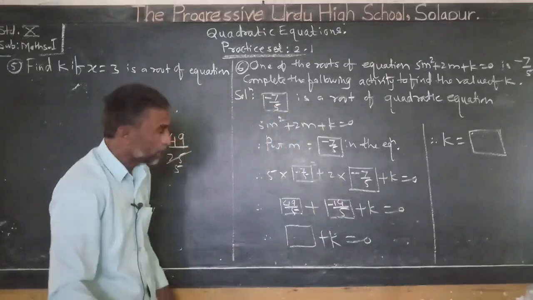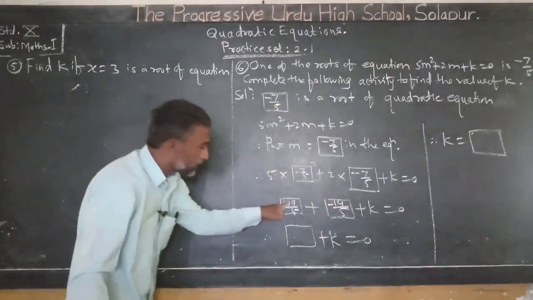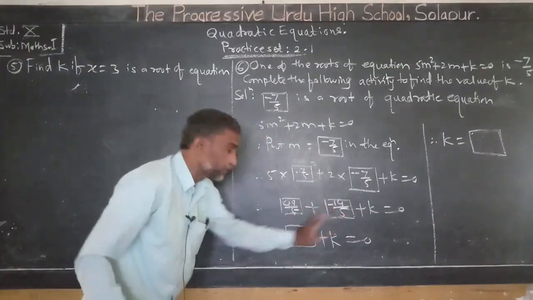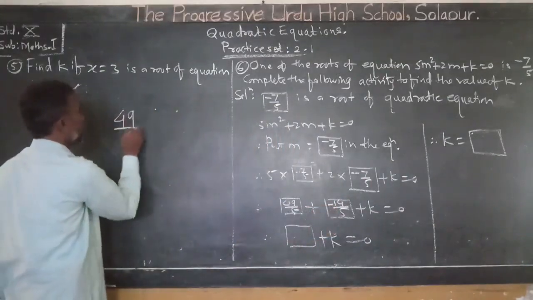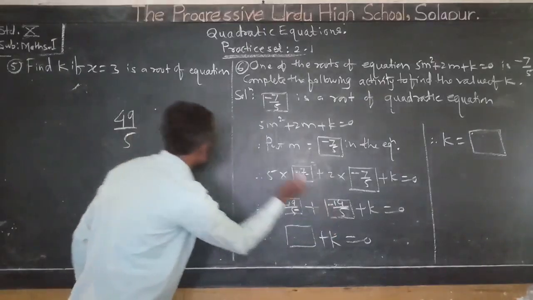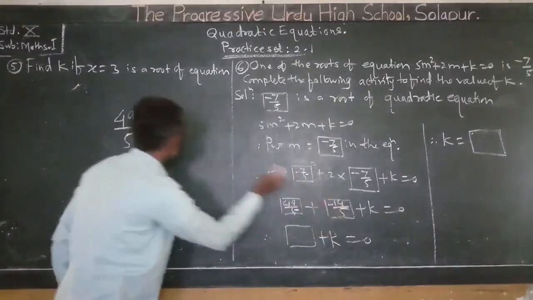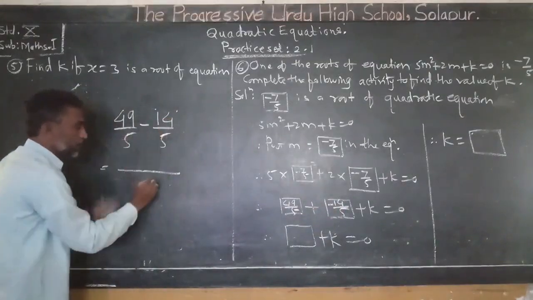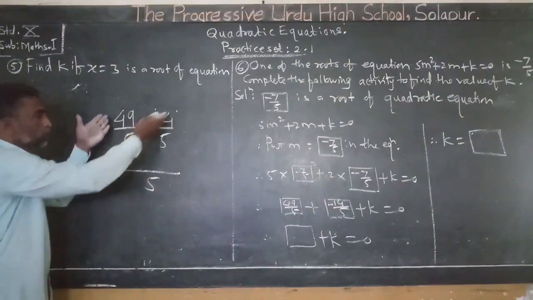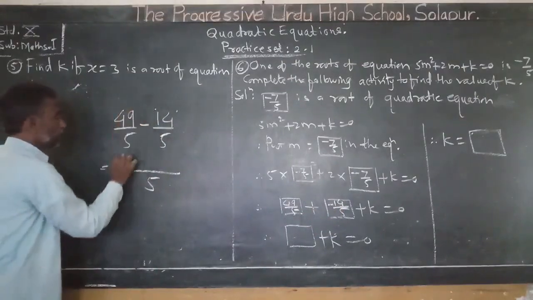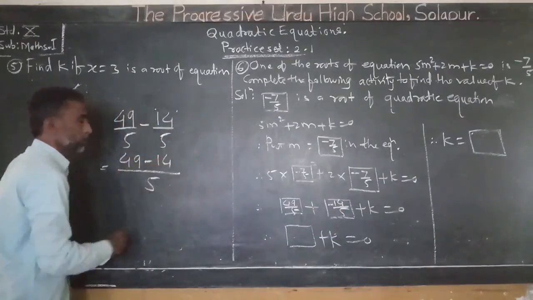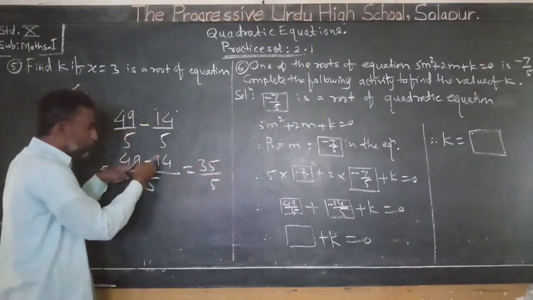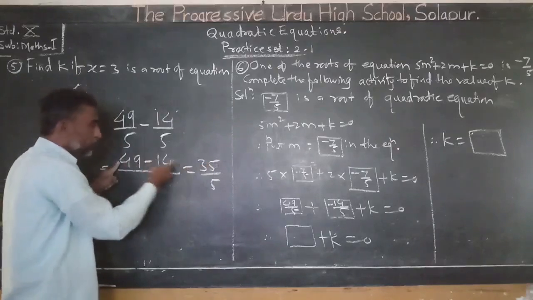Now again do the addition. 49 upon 5 plus minus 14 upon 5. As the denominator is same, write once. So do the subtraction of the numerator. 49 minus 14 is equal to 35 upon 5. 9 minus 4, 5. 4 minus 1, 3.